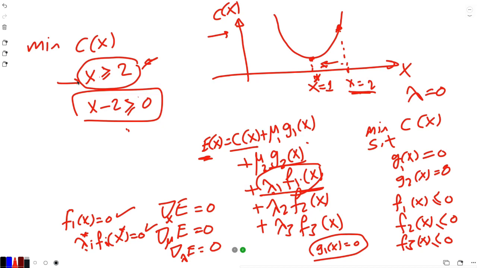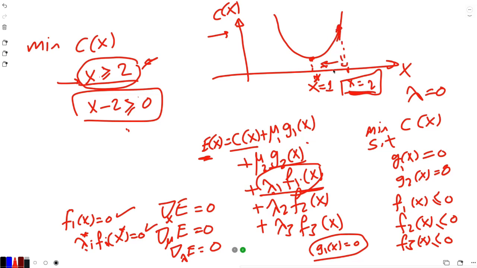Any solution less than 2 is not acceptable at all. Now this constraint becomes an active constraint, because the optimum point without this constraint is less than 2, but it is a vital, necessary condition that x must be greater than 2.